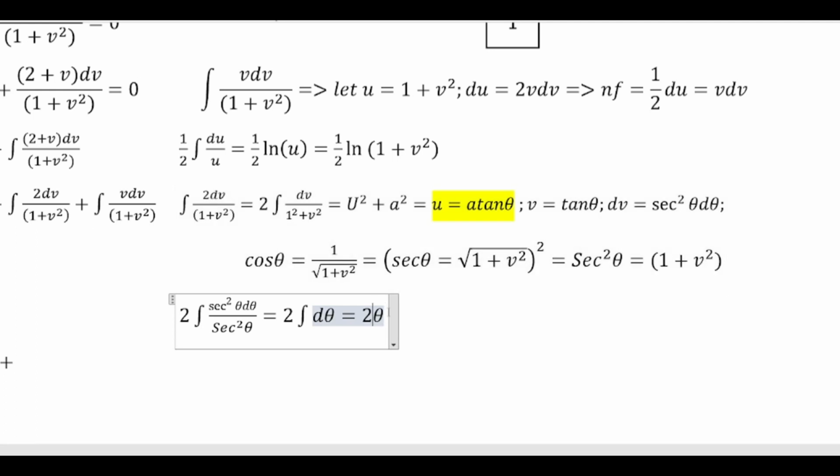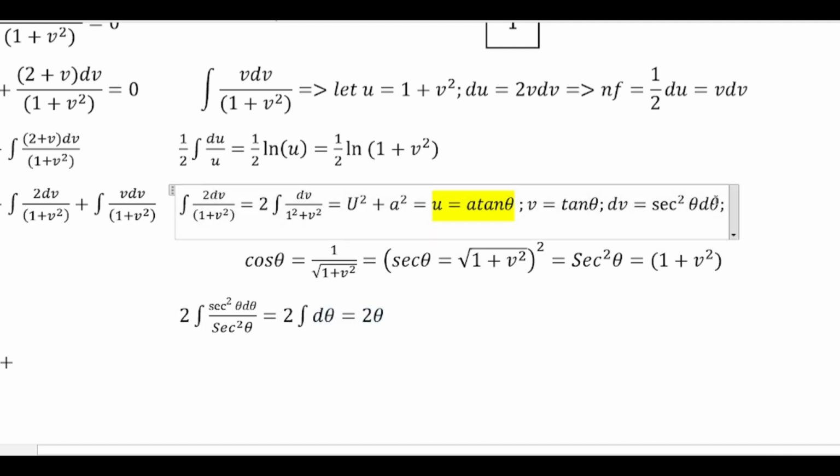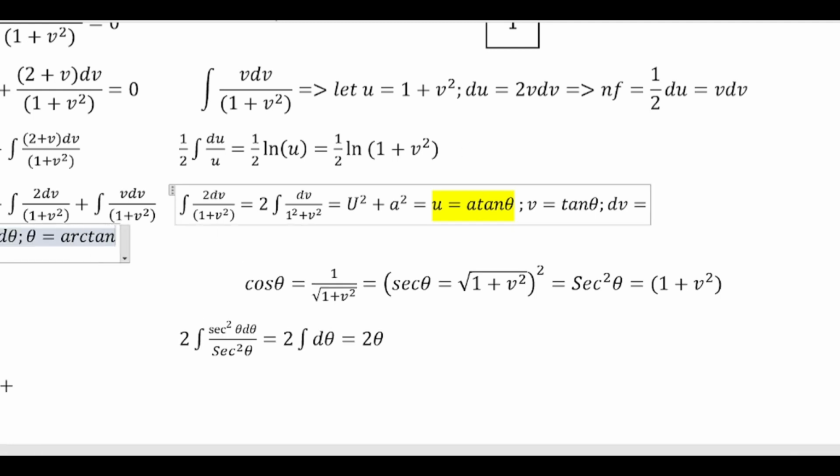All right. Now, what is theta? We don't have theta. Simple. Theta over here, we can just simply do the arctan. So, theta is equal to, you transfer tan to the other side by making it arctan V. And then that's it.